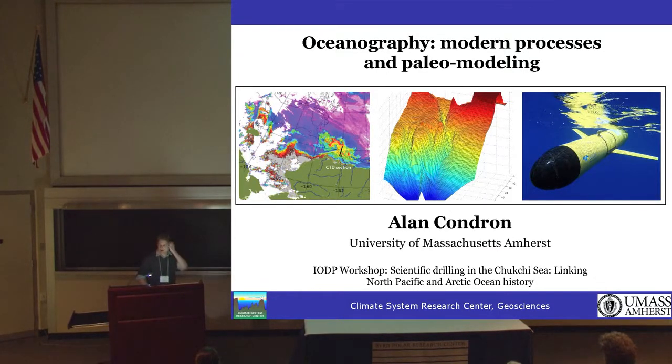Then I'll talk about how we're developing high-resolution models to simulate this region, for modern day and for more glacial-looking conditions. Then I'll wrap up by saying how this ties into sediment deposition in certain regions, primarily places like Barrow Canyon and Herald Canyon.